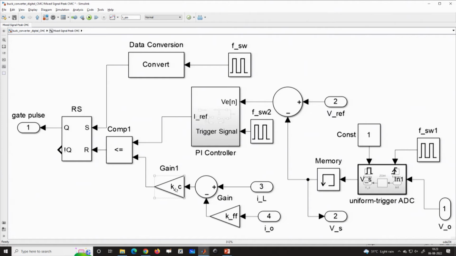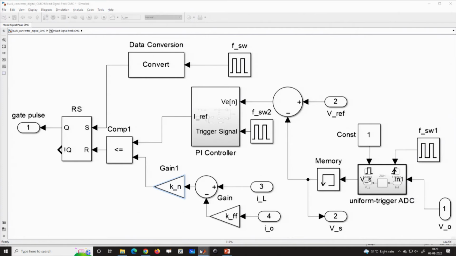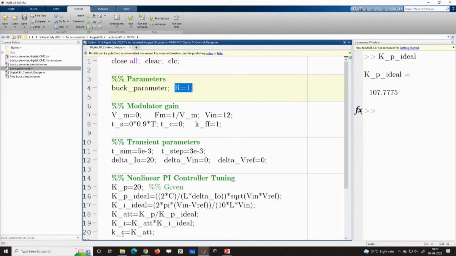Now, here the Kc, that means the current loop gain, which we call Kn, we can also use Kn here to avoid any confusion in the notation, and we accordingly set this as my Kn. There is no modulator gain, so this part can be taken out.